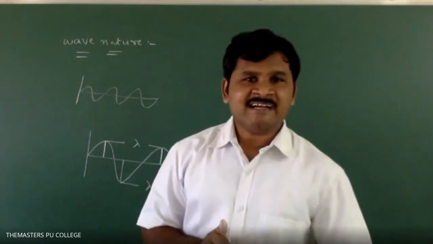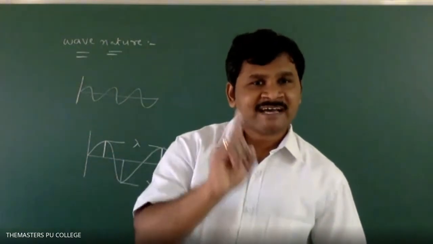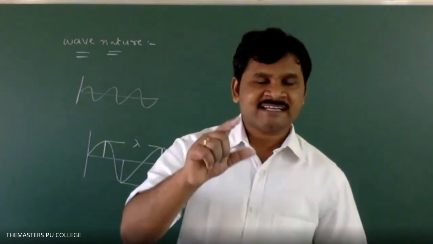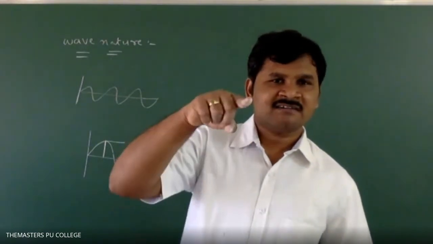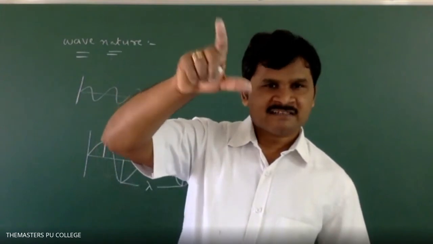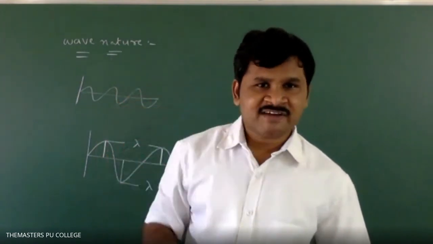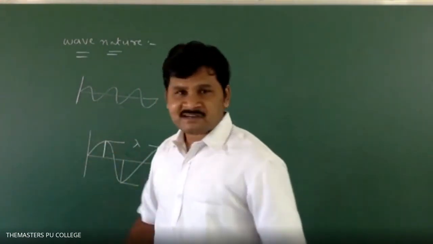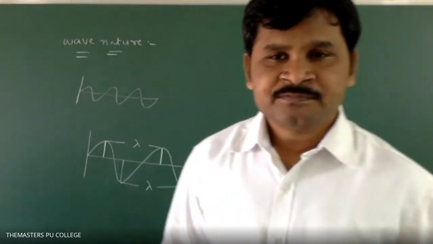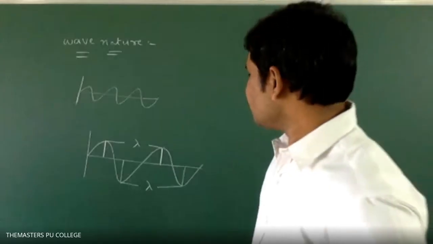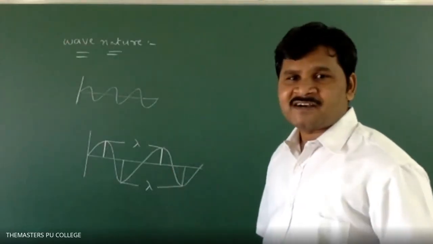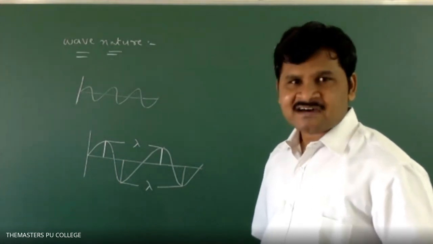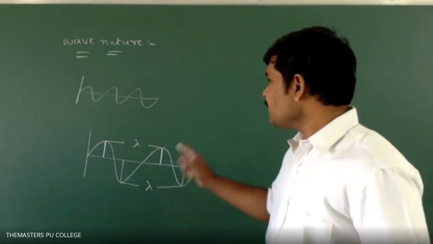The height of the wave is called crest, the depth of the wave is called trough. Actually, that is called amplitude. Are you clear? So this is wavelength. The distance between two crests or two troughs is called wavelength.